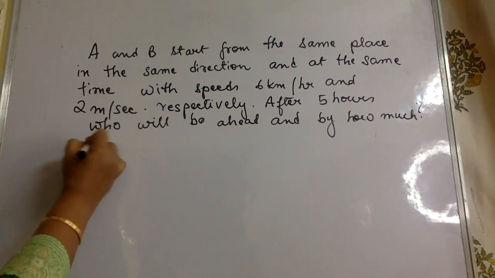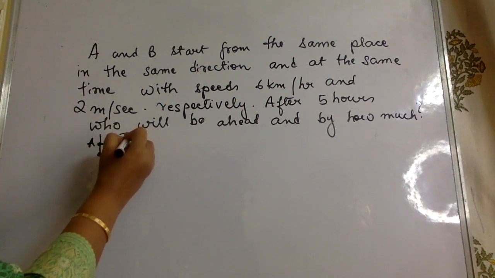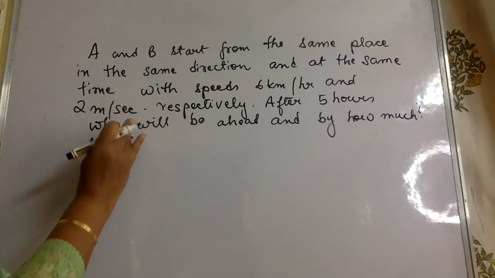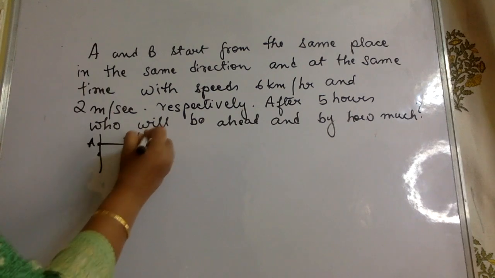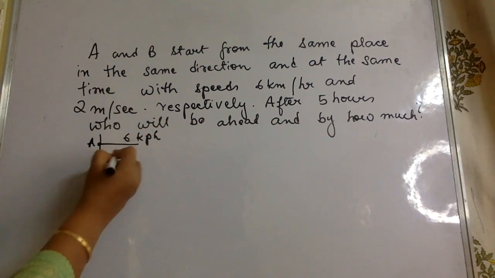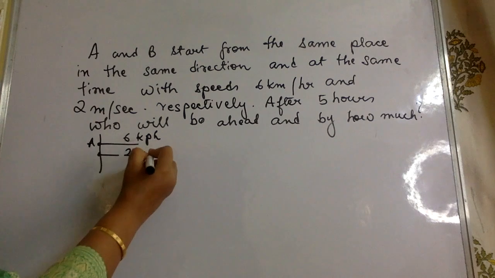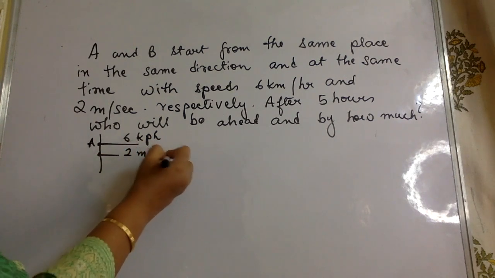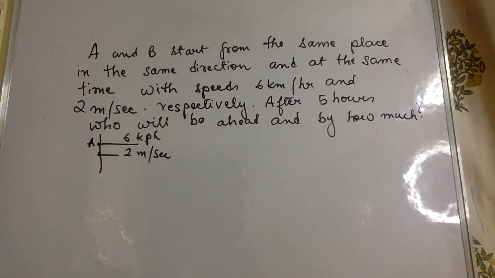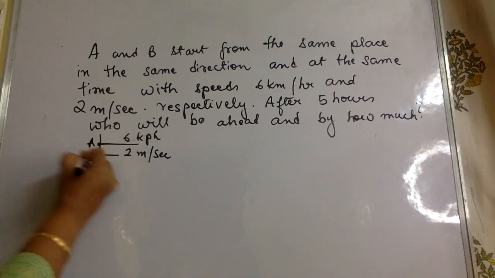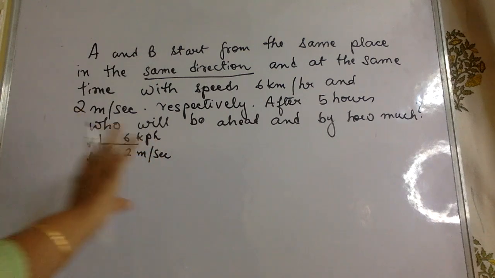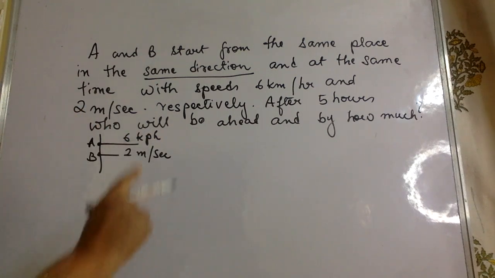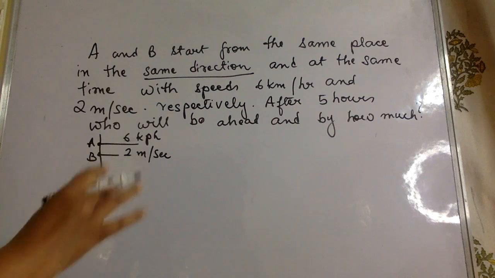A is going at 6 kilometers per hour and the other one is going at 2 meters per second. Okay, so this is the speed of A and B, and remember they are moving in the same direction. After 5 hours, who will be ahead and by how much?